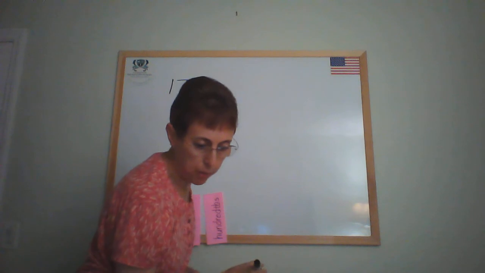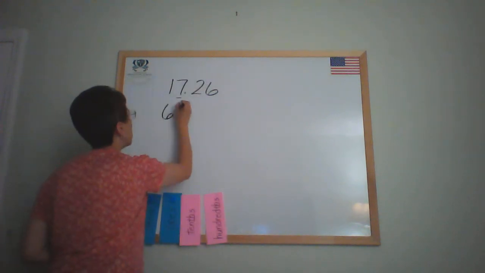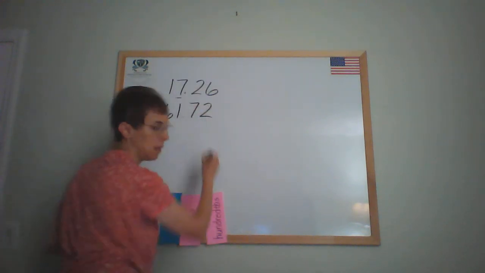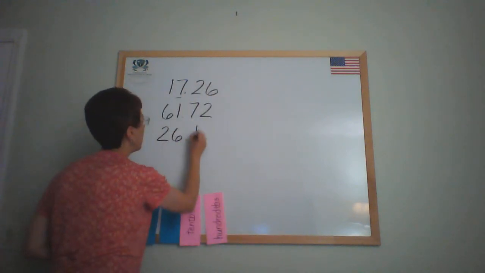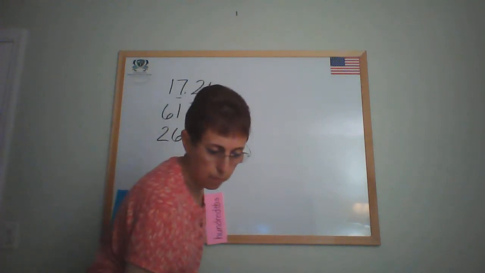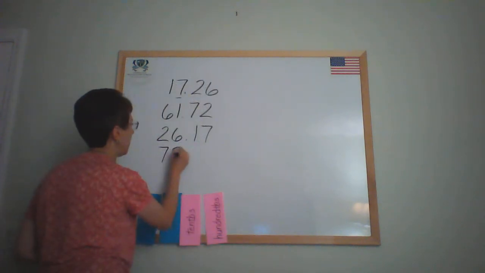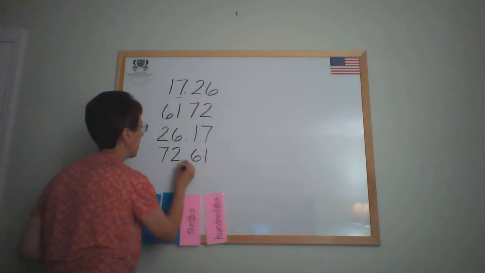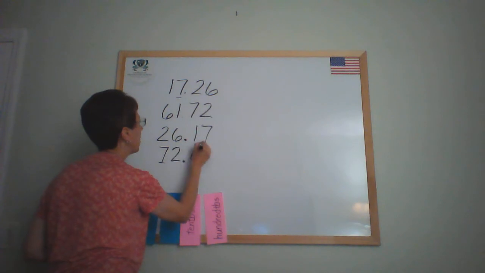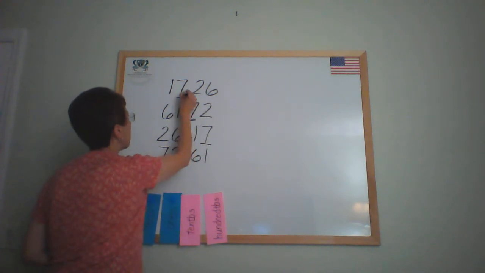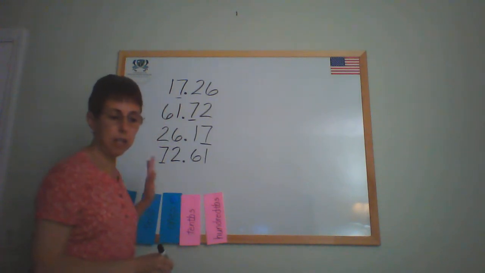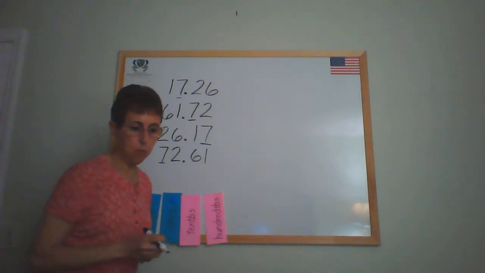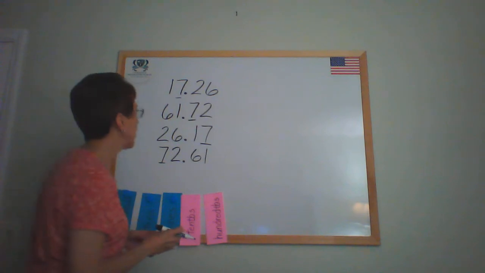Okay, I'll get these up here for you. So they want us to take a look at the 7 in each of these numbers and decide what is the place value of the 7.